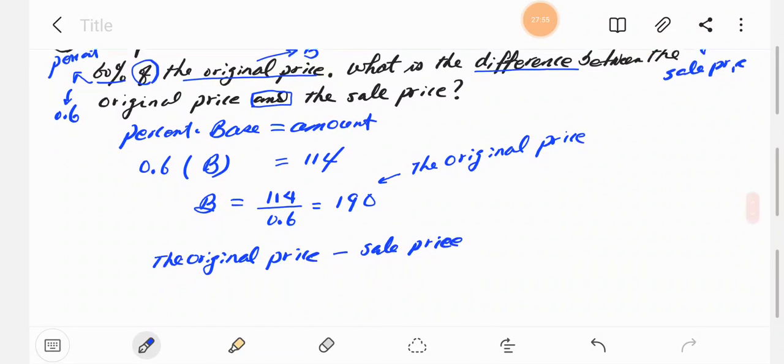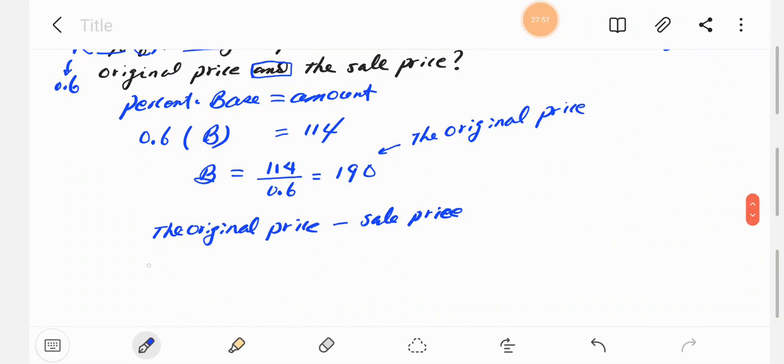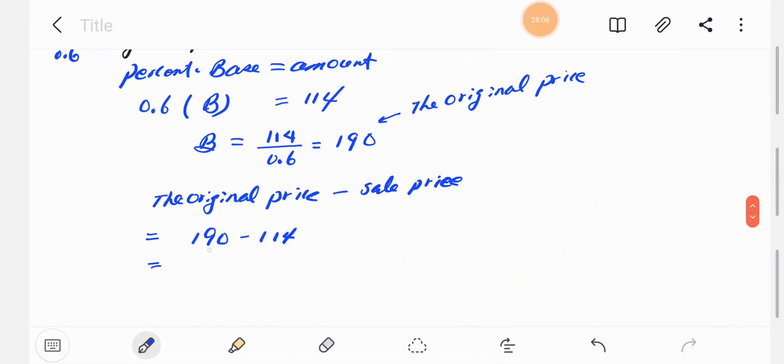This is the difference between the original and the sale price. The original price is 190 and the sale price is 114, so this is equal to $76. So the difference between the original price and the sale price is $76.